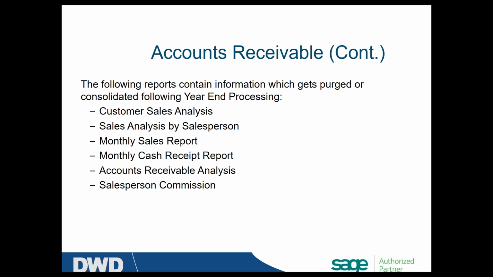Again, anything that says monthly in its title is going to be for the current period only. So once we close November into December, if I want to try to run a November sales report, I can't do it from the monthly sales report function.